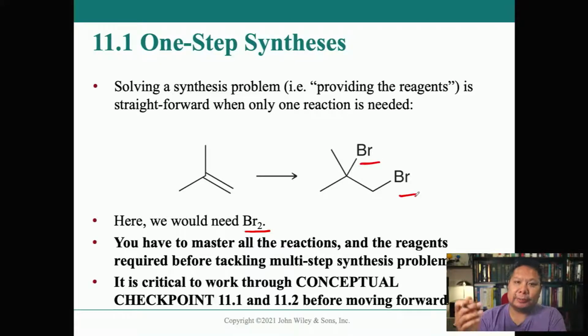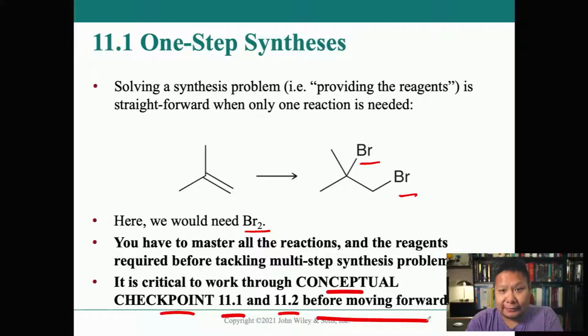The point of this, though, is that you'll have to master all the reactions and the reagents required before you can tackle a multi-step synthesis problem, which will happen. So it's critical to work through conceptual checkpoint 11.1 and 11.2 before moving forward. So do that.